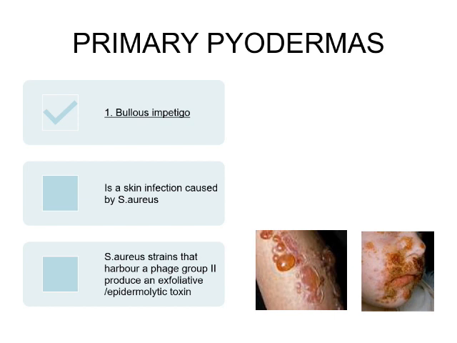Phage group 2 strains contain genes coding for the exfoliative toxin. In other words, the Staphylococcus aureus strains that do not harbor the phage group 2 do not cause bullous impetigo.